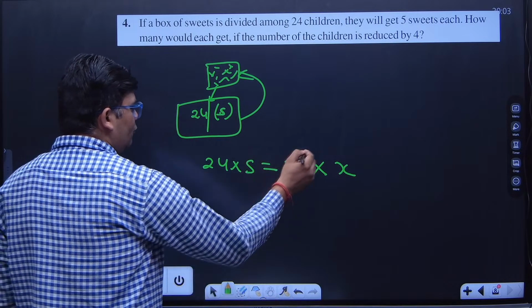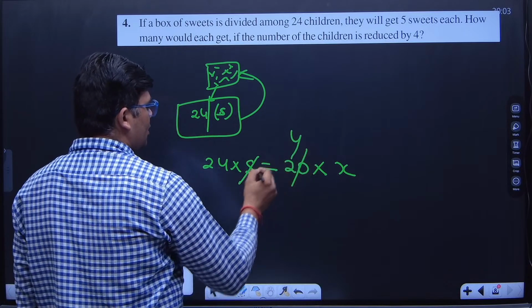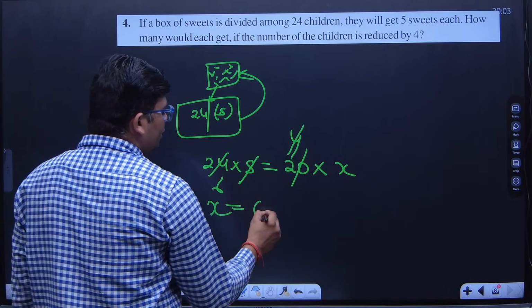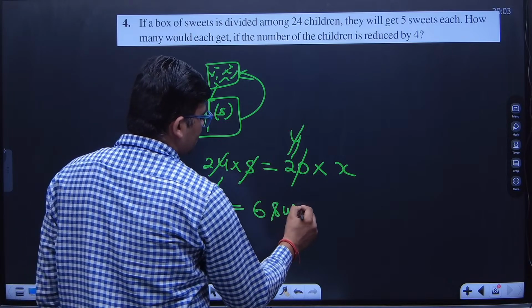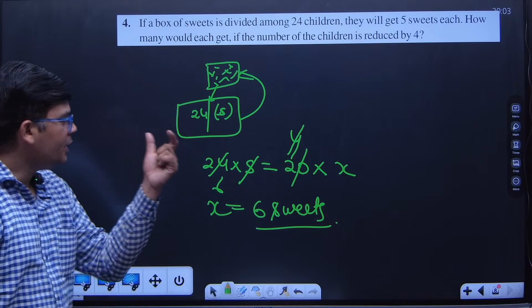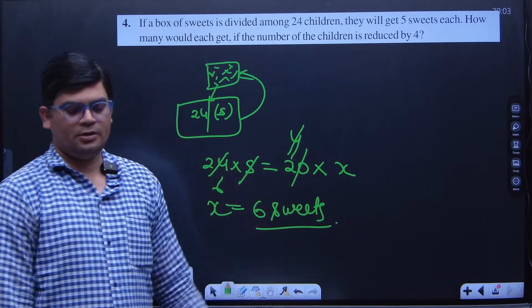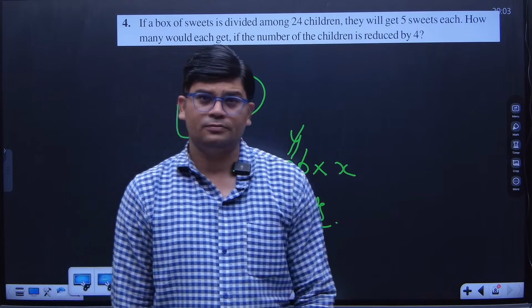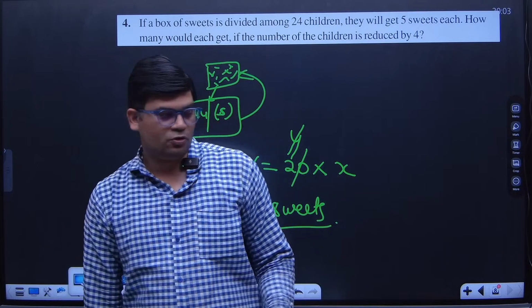So 5 into 4 and then 4 into 6. So each student will now get how many sweets? 6 sweets. Are you getting it? Because 20 into 6 is also 120. Understood? Yes, sir. Good.